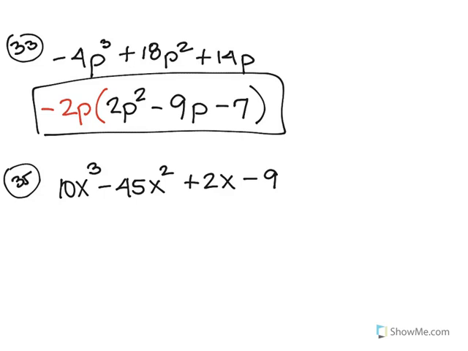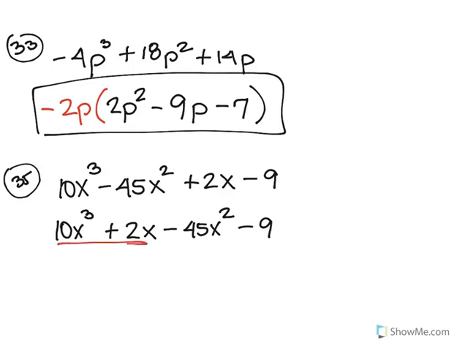So for grouping, you want your terms to be sitting next to each other so that they have something in common that you can pull off. So this one I would probably rearrange, and I would put my 10x to the third plus 2x together. And then I would put my negative 45x squared minus 9 together.